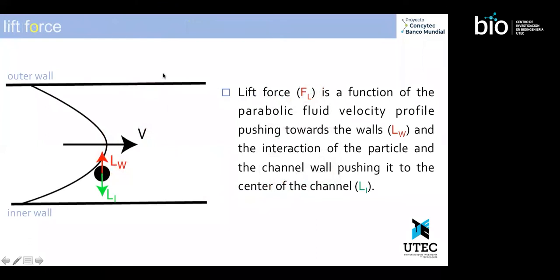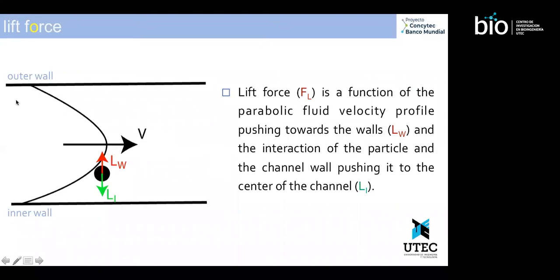Because of the spiral, there are some different forces playing on the particles. One is the lift force. The flows are laminar. Laminar is opposed to what you see when you open a tap, which is chaotic flow.